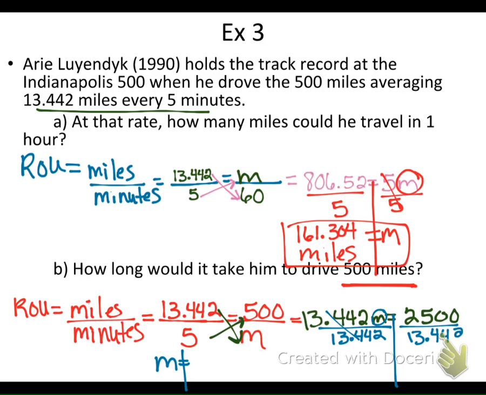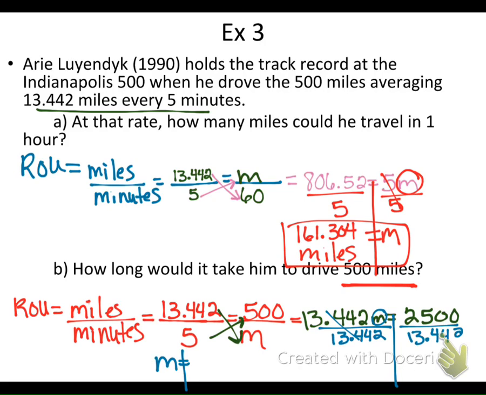So when you take 2,500 divided by 13.442, what does that equal?